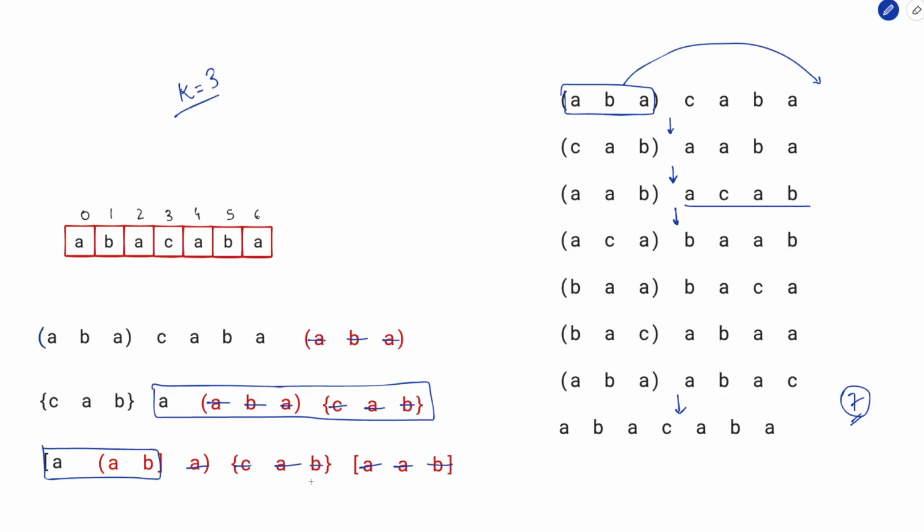Once you get here, can't you just make sure that whatever character you put is equal to the original string? This character is of your choice, right? In this place you can put A, in this place you can put B, in this place you can put A, and so on and so forth.